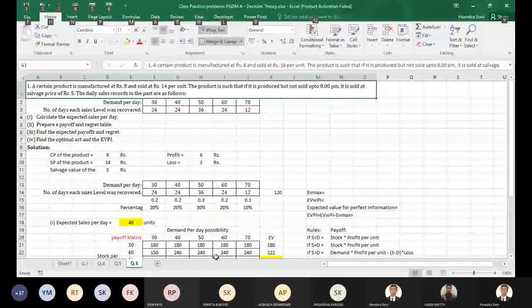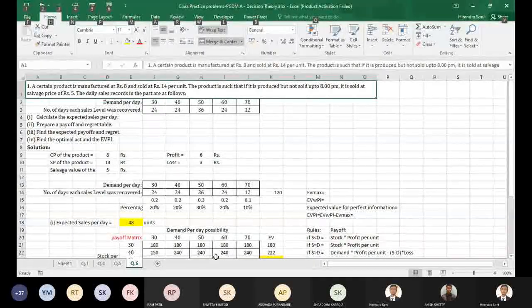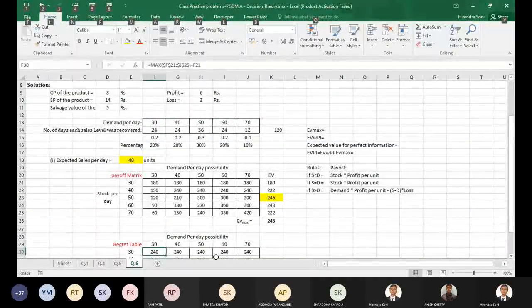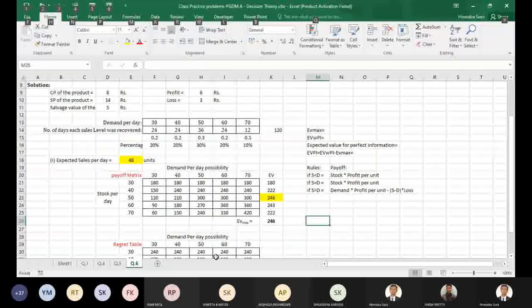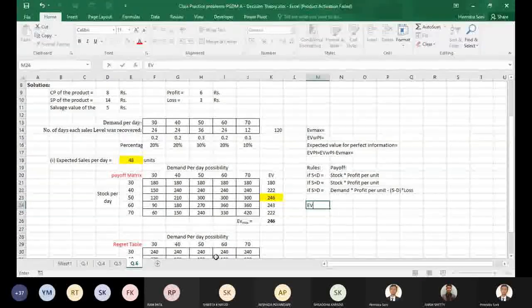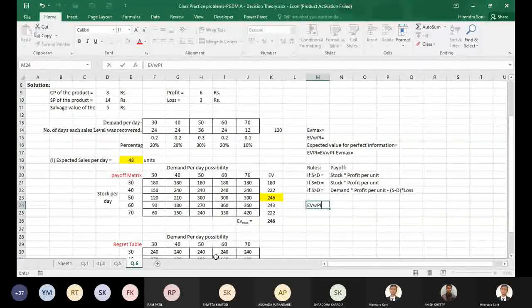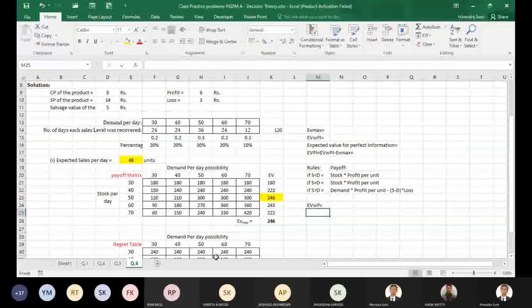So expected value with perfect information would be how much? Expected value with perfect information. So उसके लिए हमको डिमांड के ही बराबर से पता होने चाहिए.